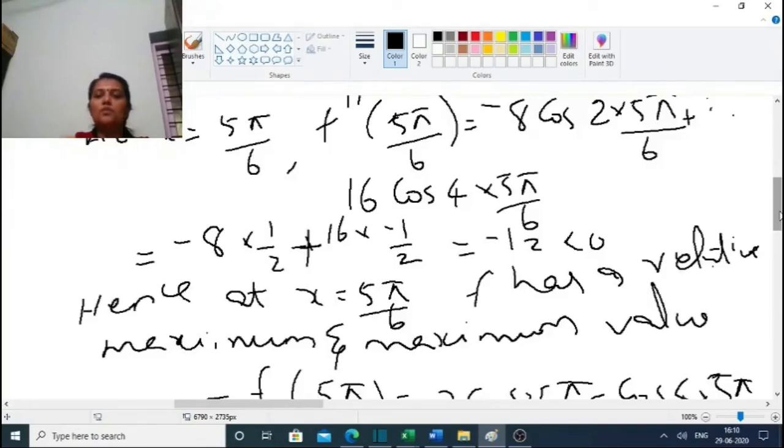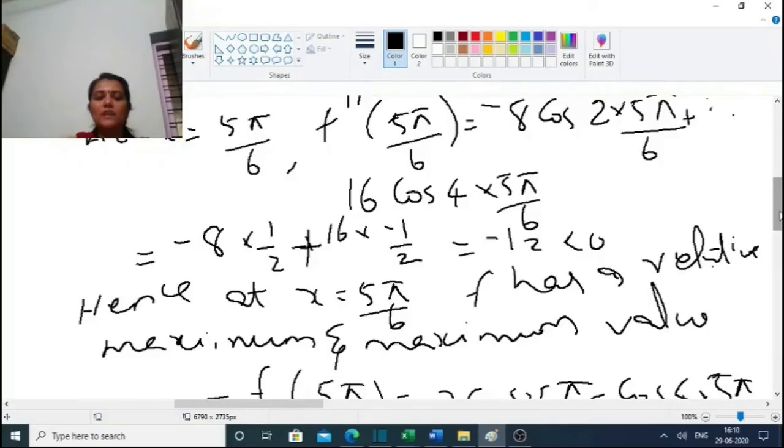So it's in the fourth quadrant, so the value is 1 by 2, plus 16 into cos of 4 into 5 pi by 6, which is 600. 600 is 360 plus 240, in the third quadrant, again third quadrant, so it is negative.